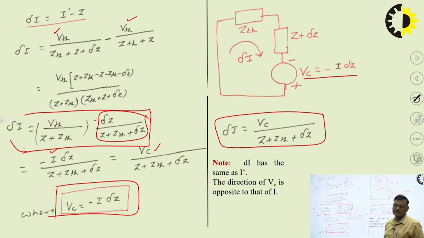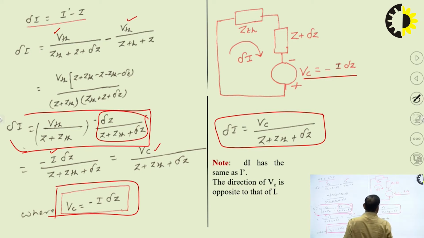Suppose you are required to verify the compensation theorem. There are three steps. First, find the current of the original circuit. Then draw the modified circuit, find the new current, and take the difference; that is delta I. The third step is to draw the compensation theorem circuit and from this circuit find the change in current. If both currents are the same, then the theorem is verified.